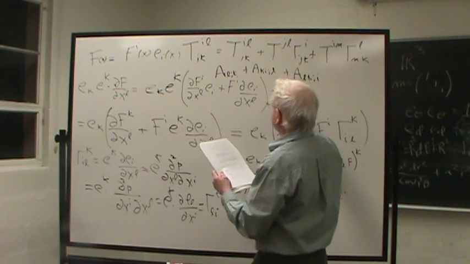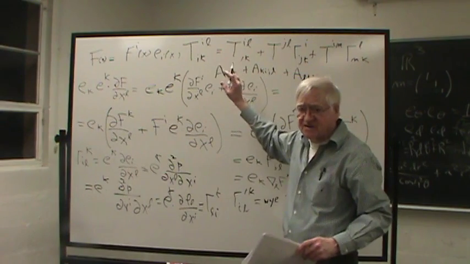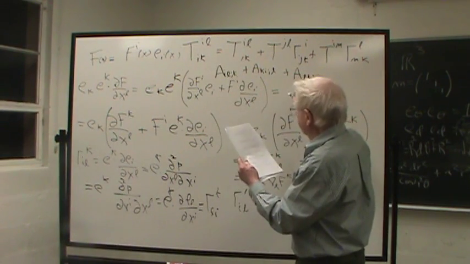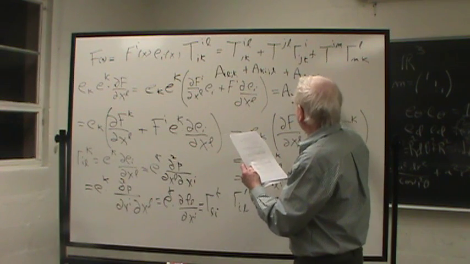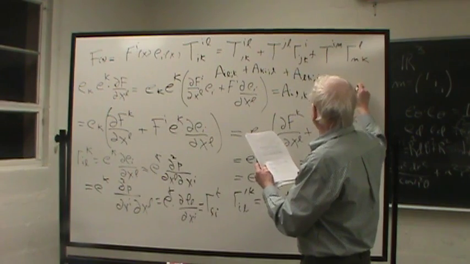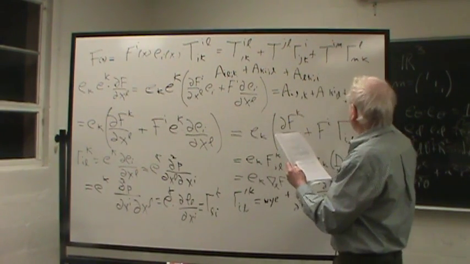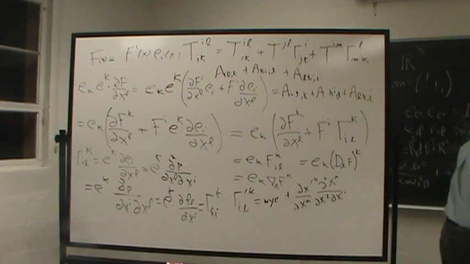What this turns out to be is the same thing with ordinary derivatives if A is anti-symmetric. So in other words, it is AIL comma K plus A KI comma L plus A LK comma I. So that's one of the remarkable simplifications.